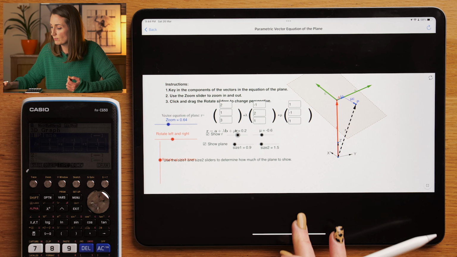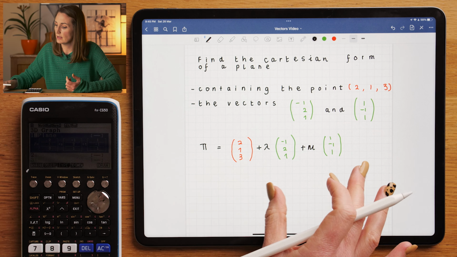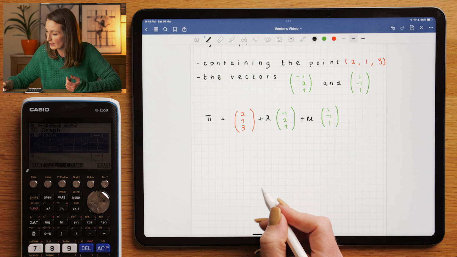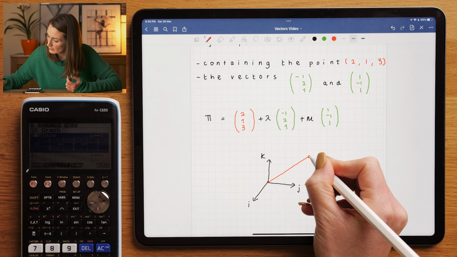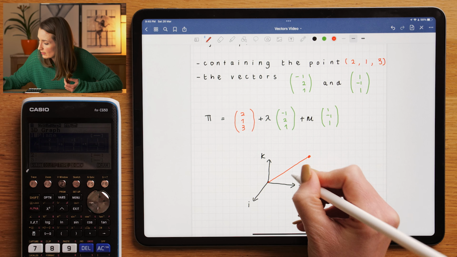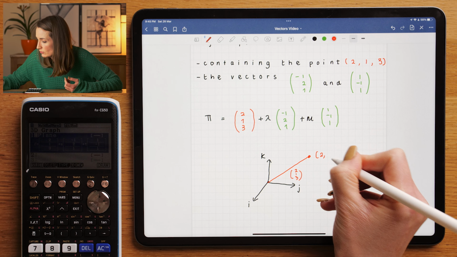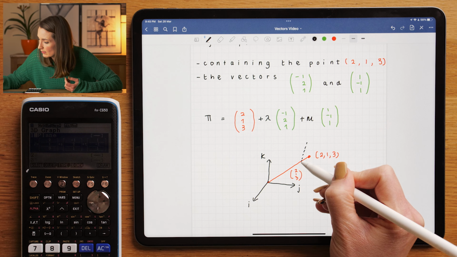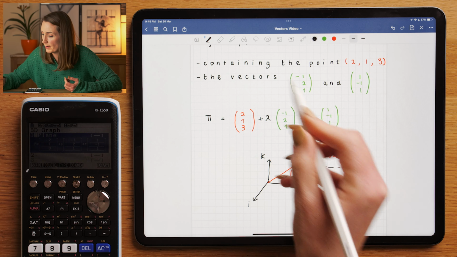Now it's important to know that if I do the cross product, I'm going to find a third vector that is perpendicular to these two vectors. So imagine that my plane is currently looking like this. We've got the vector 2, 1, 3 that takes us to the point 2, 1, 3, and then we can imagine that that is our plane here.